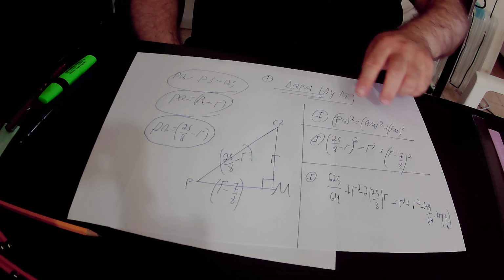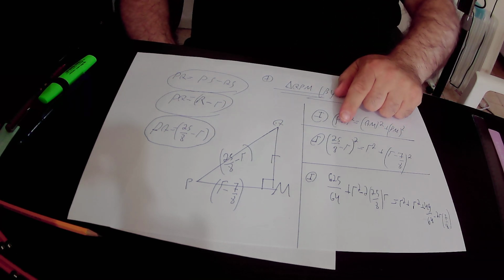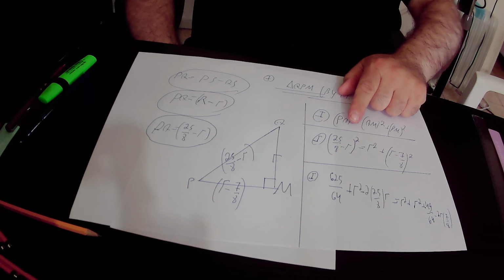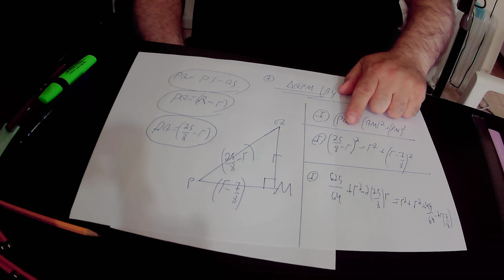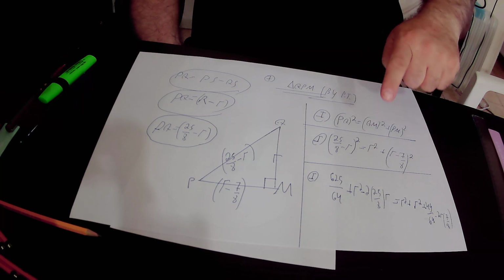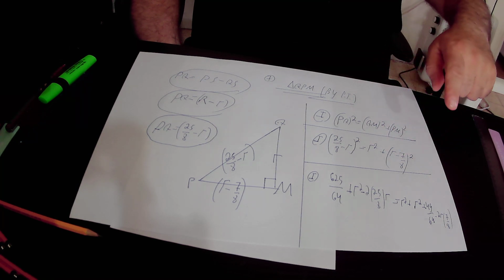Then we open the brackets on both sides of this equation, equation number 1. According to the algebraic identity that a minus b squared equals a squared plus b squared minus 2ab, we get that 25 over 8 minus r squared equals 25 over 8 squared, that is 625 over 64, plus r squared minus 2 times 25 over 8 times r.